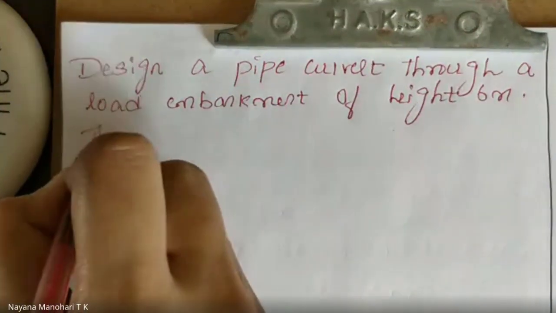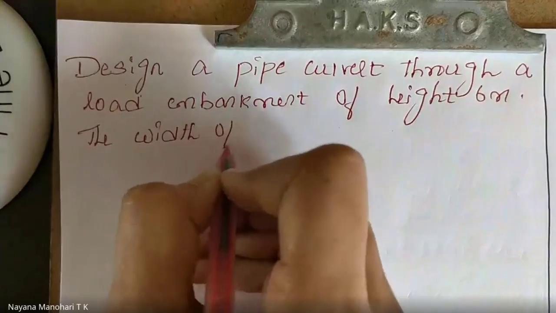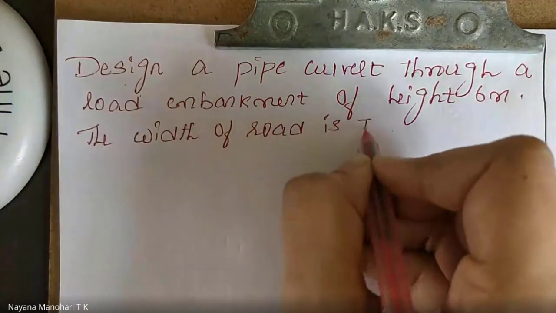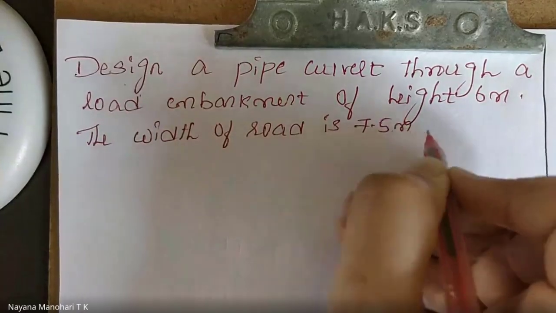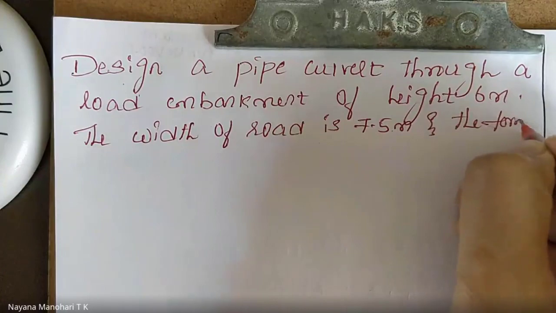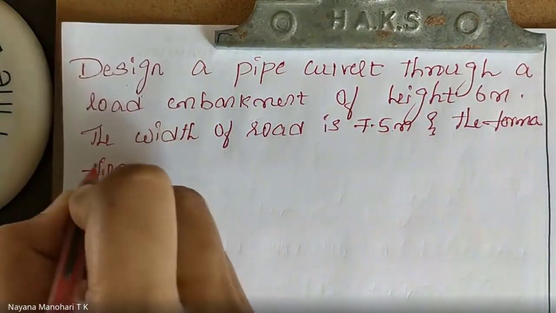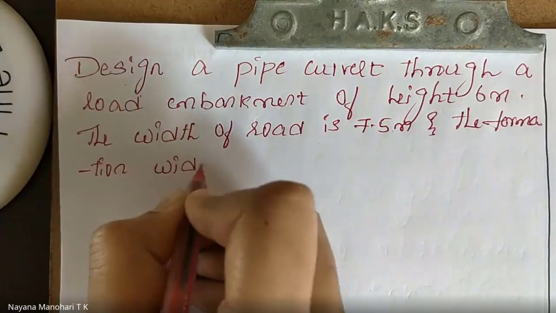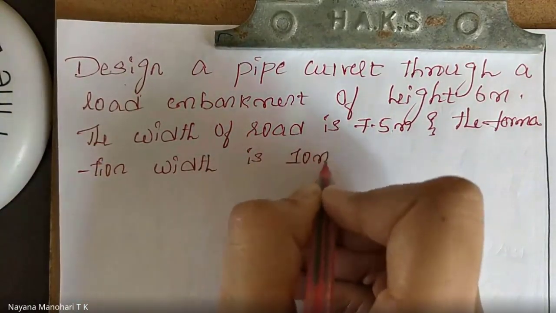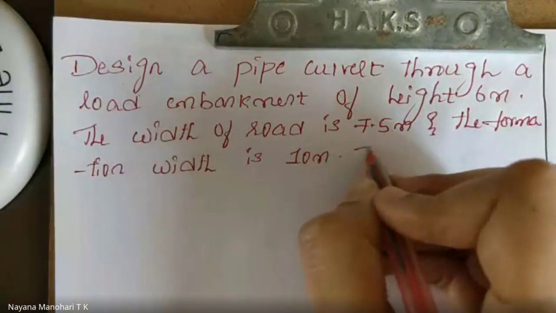The width of the road is 7.5 meter and the formation width is 10 meter.